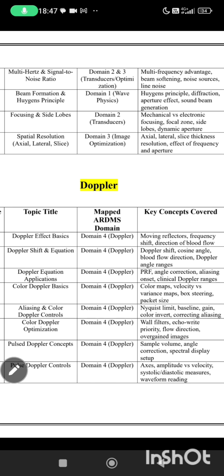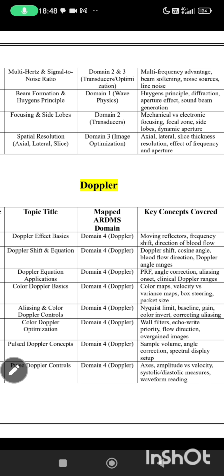These things were low. Low Nyquist limit, low PRF, low scale. And what do you do to correct aliasing? Increase all these three because they are directly related. So this is one of the methods to correct aliasing.